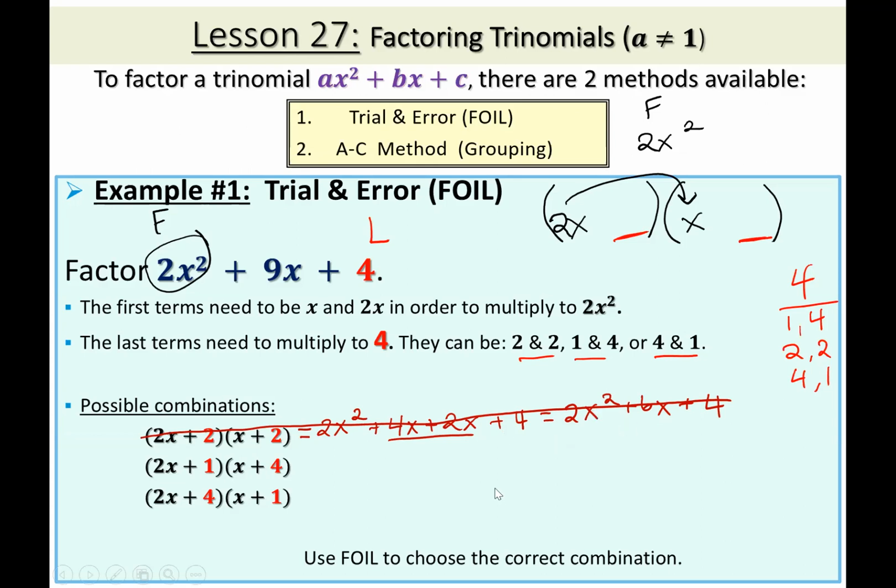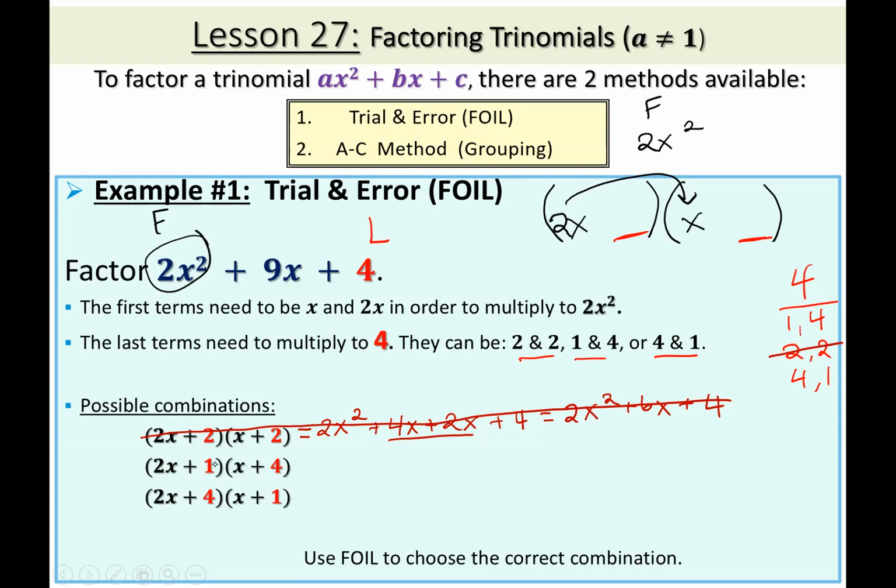Okay, now let's move on to the next combination. So we tried the 2 times 2 option. Cross that out. Remember, we're filling in the blank so that our last two terms multiply to 4. We tried 2 times 2 is 4. That didn't result in the trinomial that we wanted.